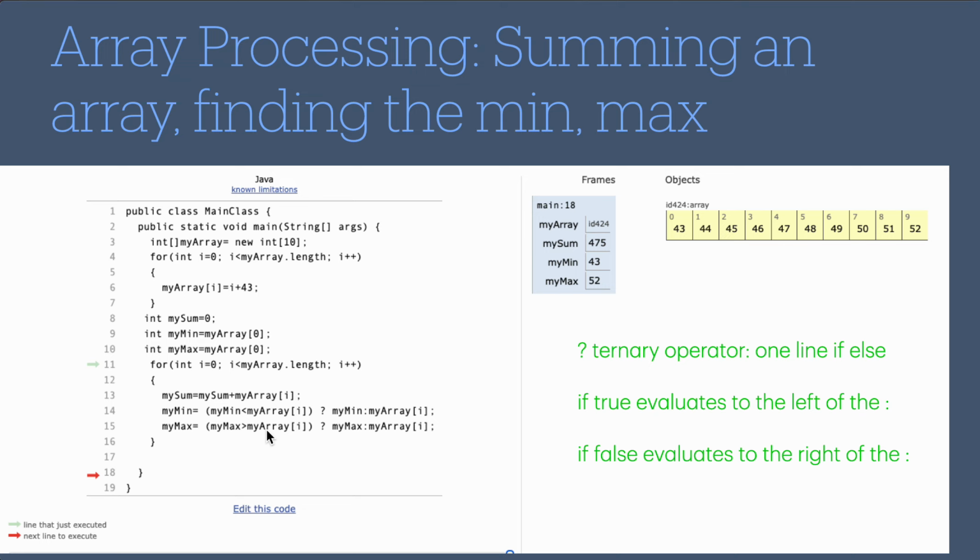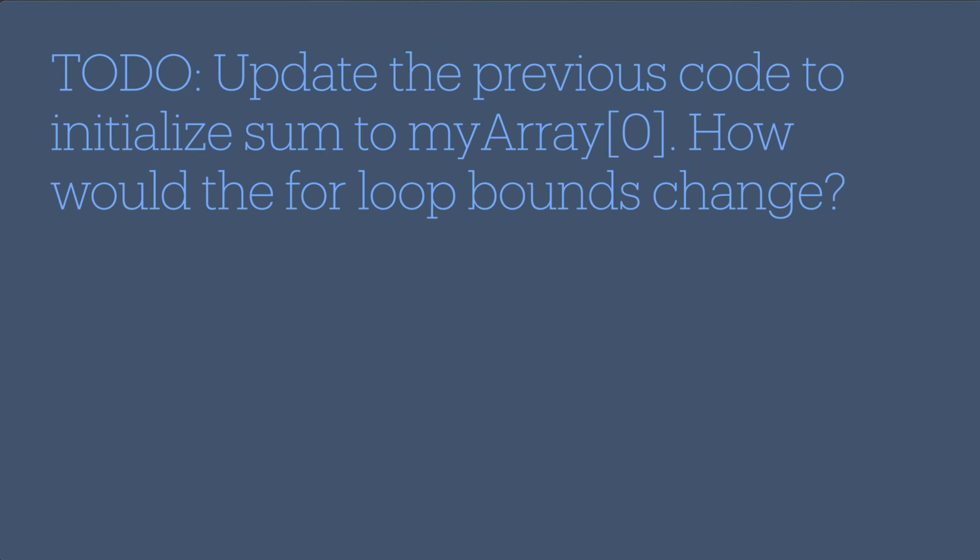If my array of i is bigger than my max, then this thing is going to evaluate. My max will now be equal to my array of i, okay? And this should find the minimum, maximum, and the sum of this thing. You can print it out at the end if you want.